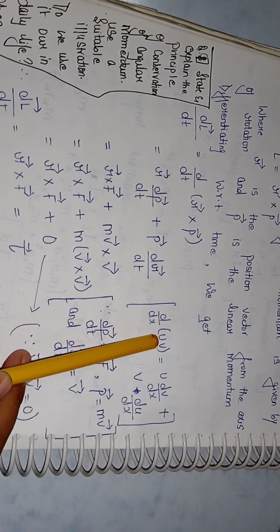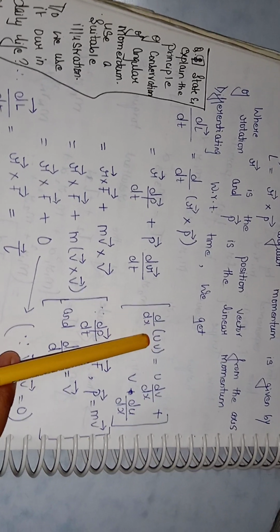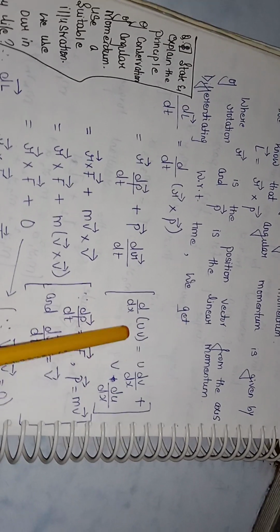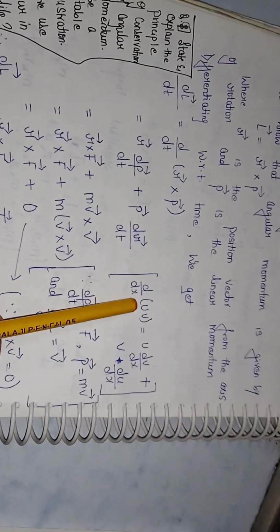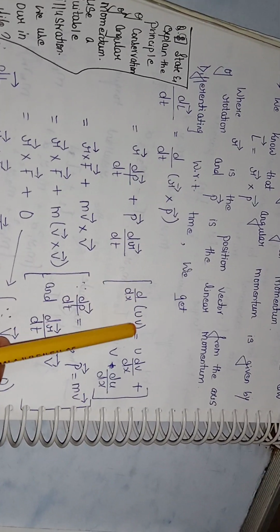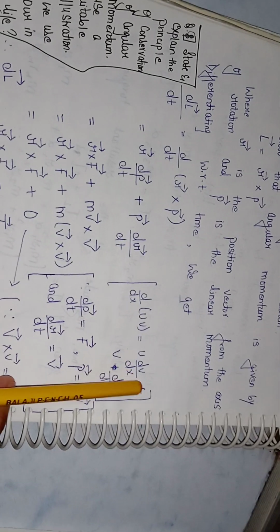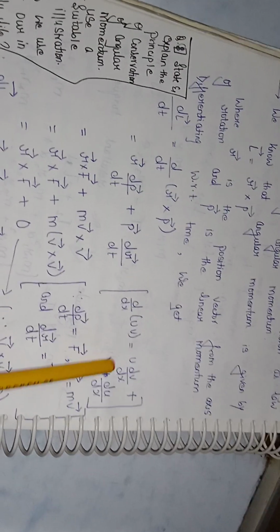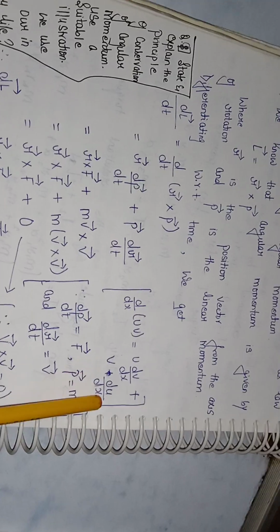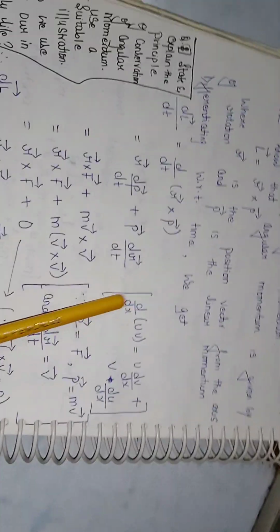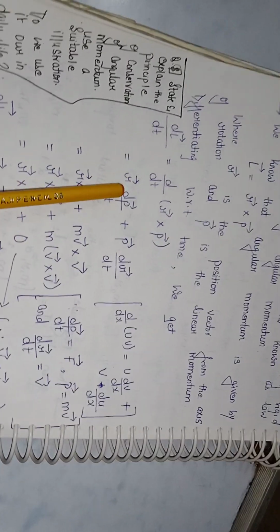These two are separate terms in multiplication, that is a product. You take u out and take the derivative of v, dv by dx, then plus v will remain out and you will take the derivative of the u part. Using this formula you are going to derive this.